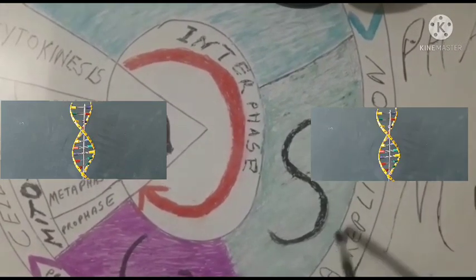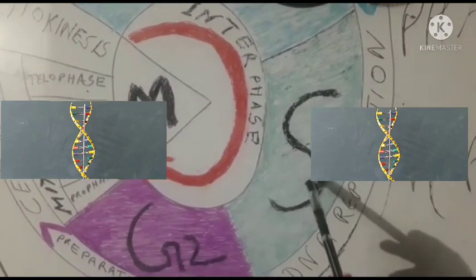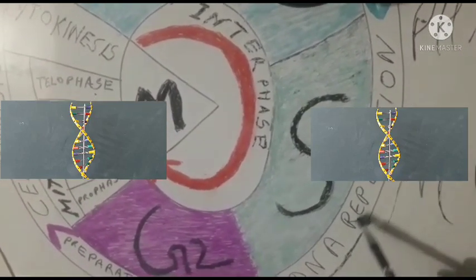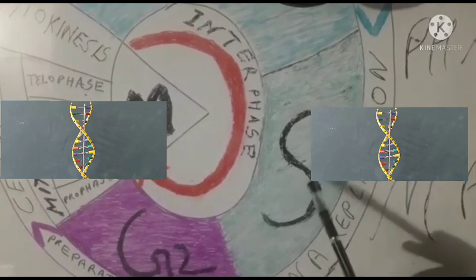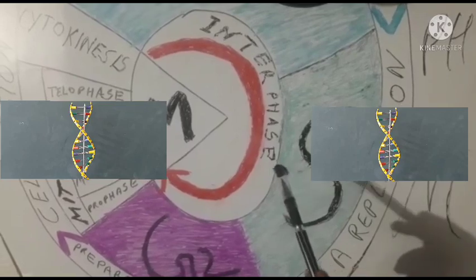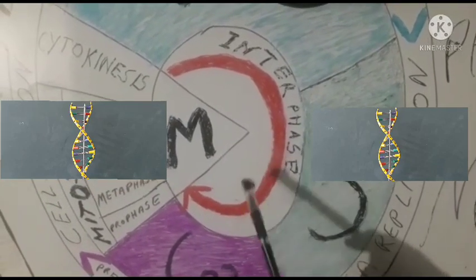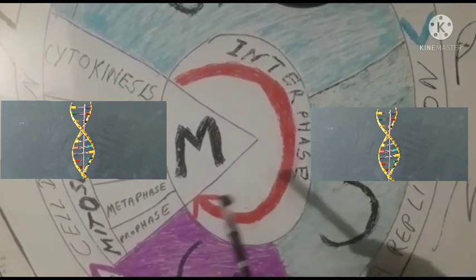This is the S phase. In this phase more DNA is synthesized. The chromosomes are duplicated. In chromosomal duplications, extra copies of a chromosomal region are formed.